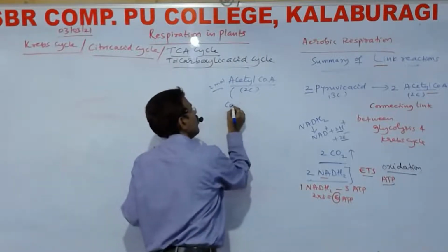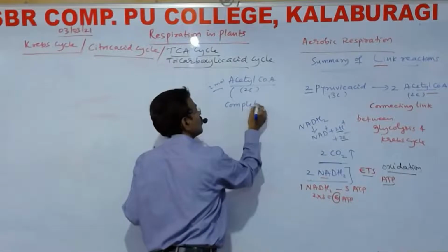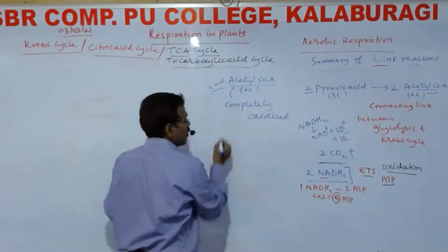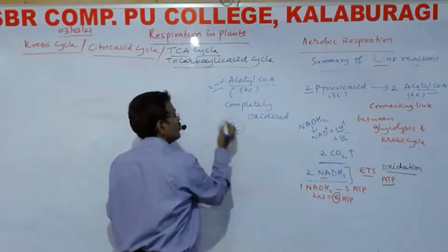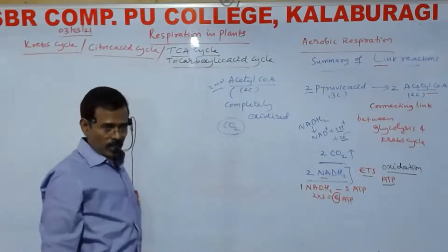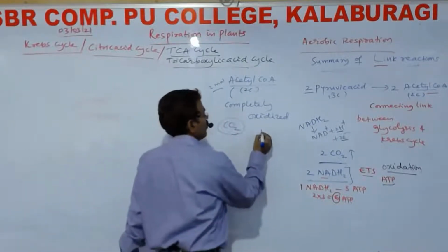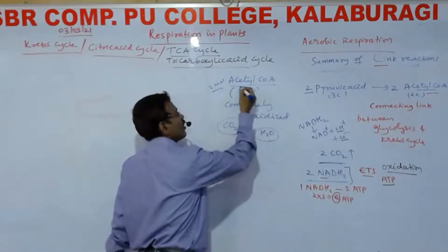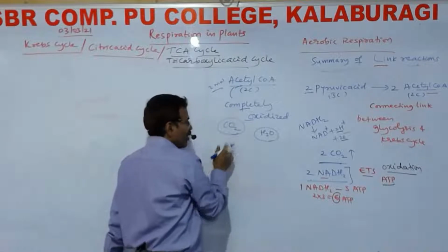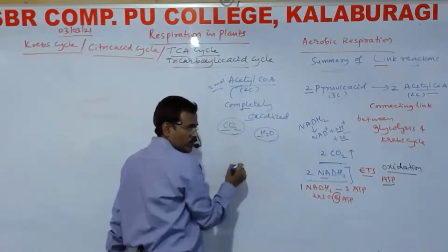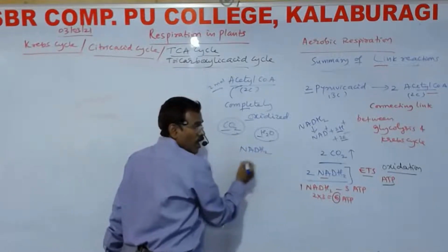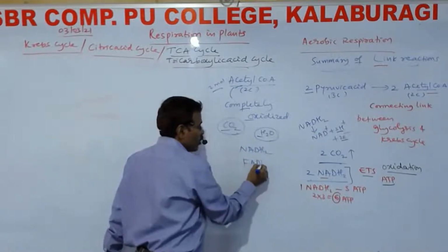This will be completely oxidized to release carbon dioxide during the Krebs cycle. A small amount of water can also be formed. So complete oxidation of acetyl coenzyme into carbon dioxide and water, and a large number of NADH2 and FADH2 can be produced.